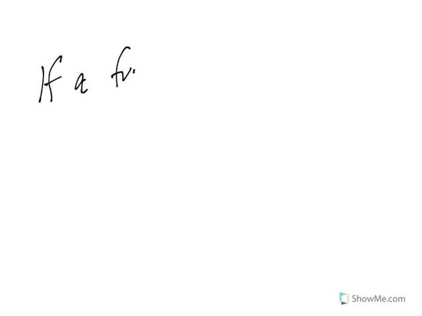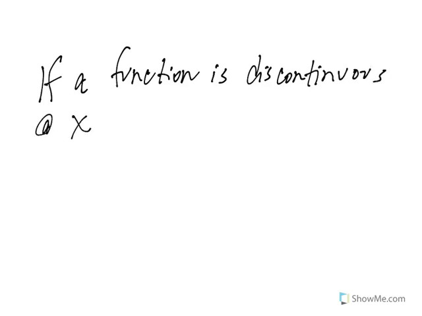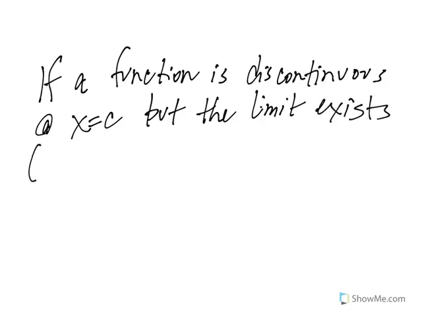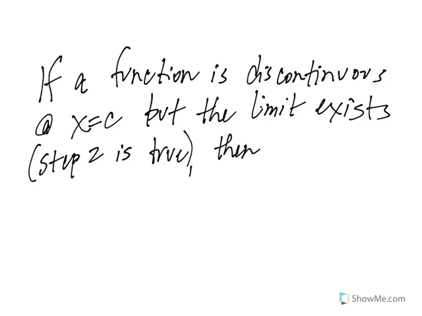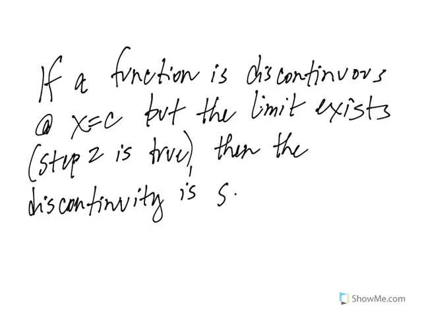If a function is discontinuous at x equals c, but the limit exists, step 2 is true, then the discontinuity is said to be removable.